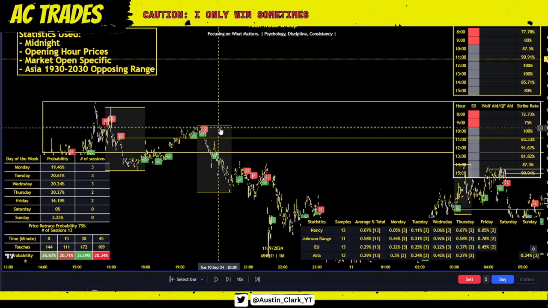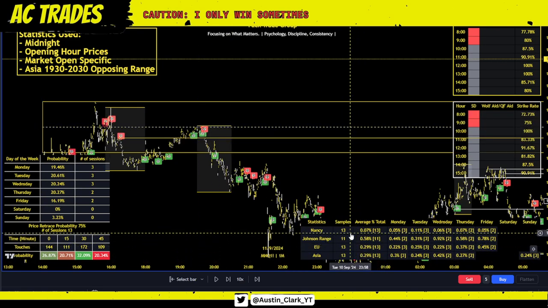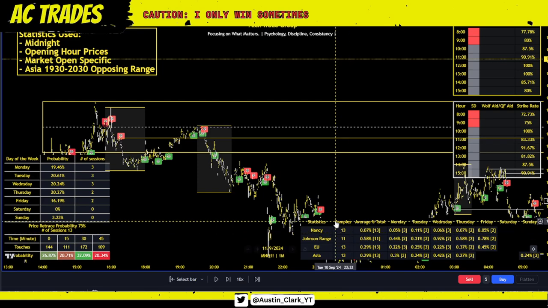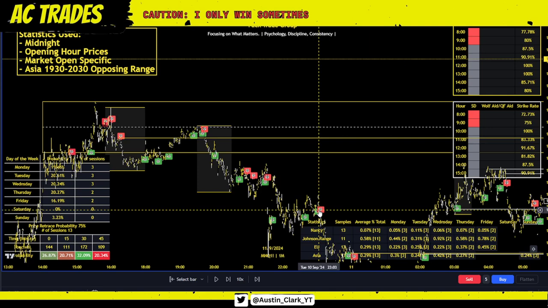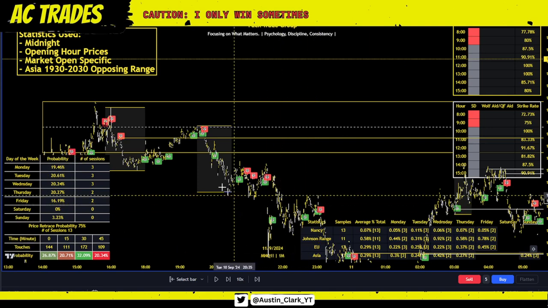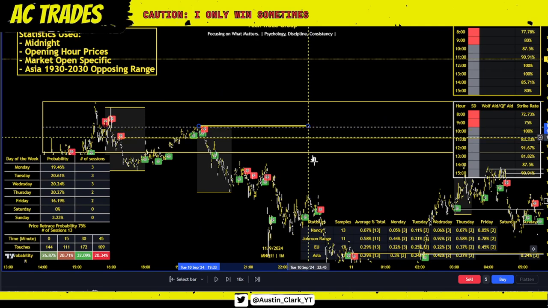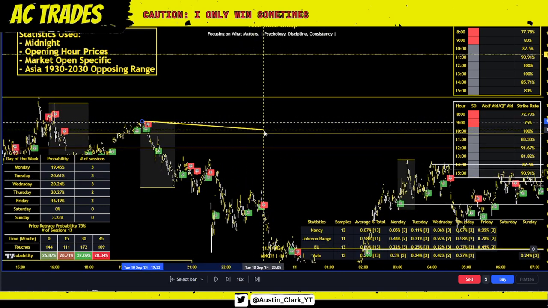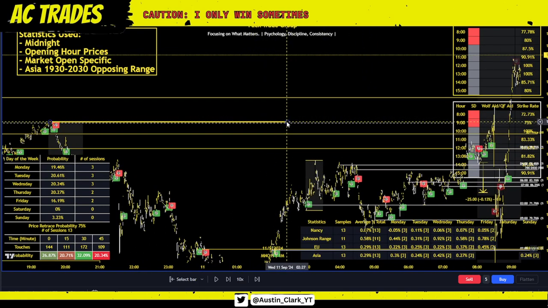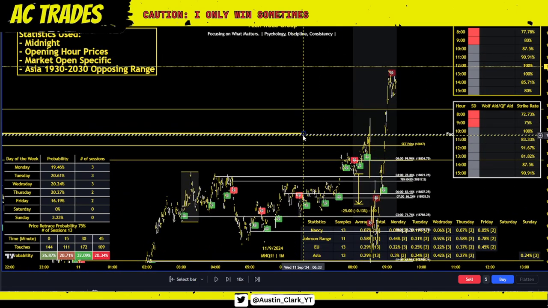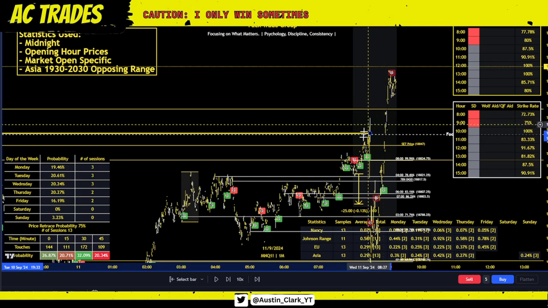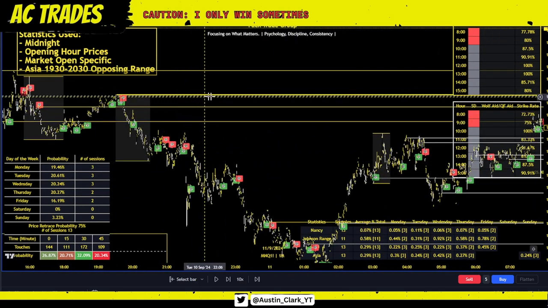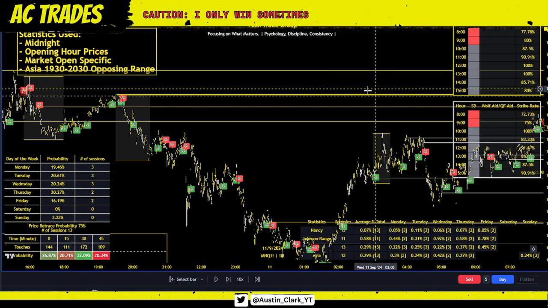So from 1930 to 2030, if you look historically, we have 85 to 89%, depending on your start time anchor of measuring this, 80+% probability of retracing the opposing side of this 1930 to 2030 Asia range. Okay? And so when you see that it's left open going into New York, this is a very important level. This is a very important statistic, right? Because this line right here has an 80+% probability attached to it.